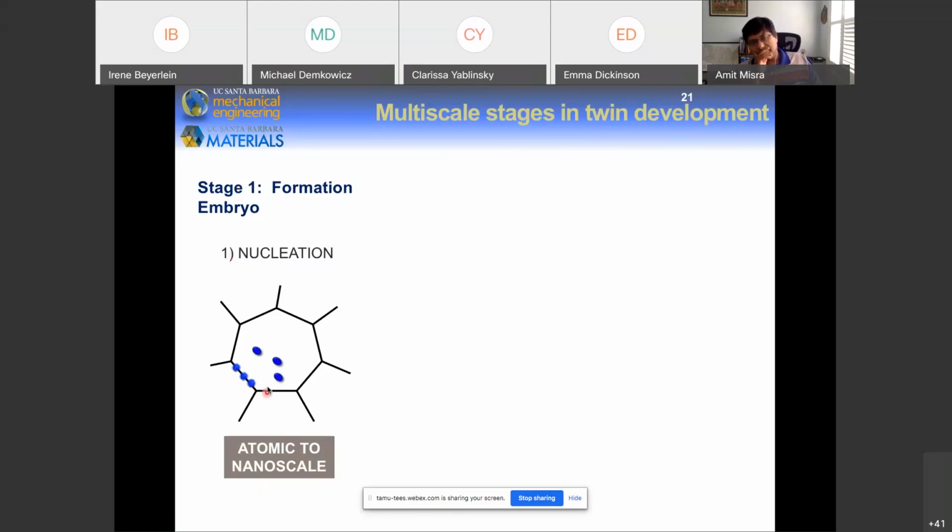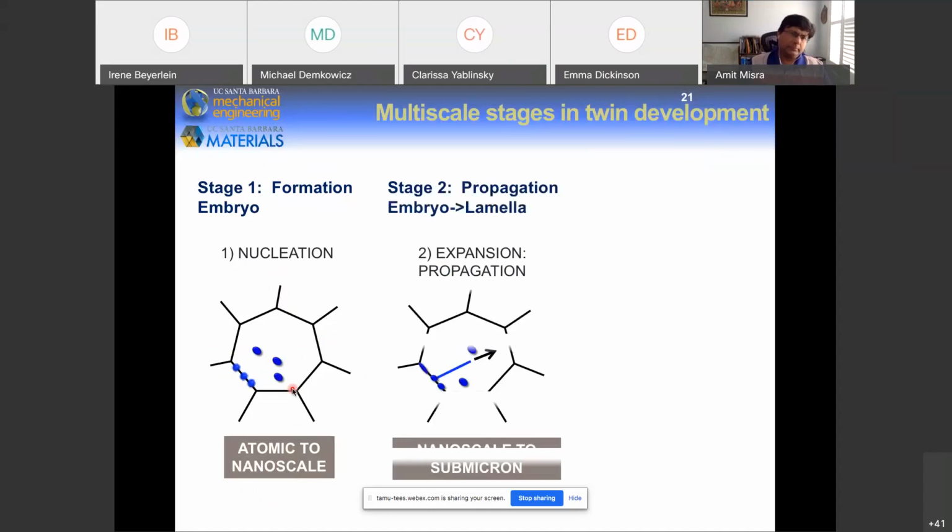Twins do begin at the atomic scale, and they can nucleate somewhere within a grain or at the grain boundary. Where they nucleate, and at what critical size they nucleate, is currently an area of study. But they do start at the atomic scale.